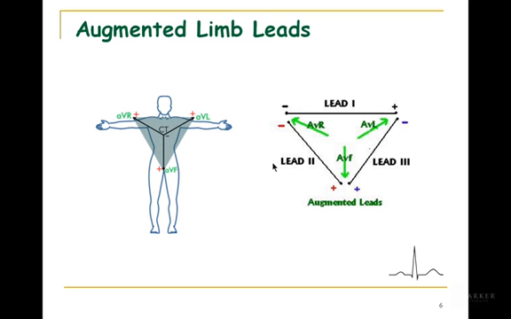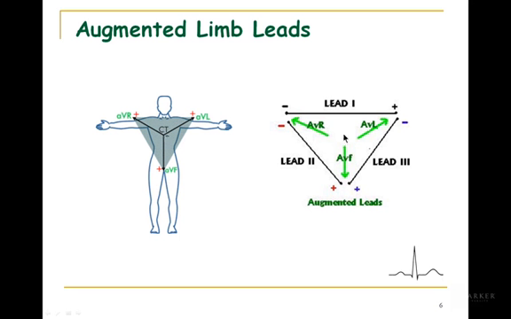So, for example, if I was going to look at this view right here, the machine combines the two electrodes, the one on the left wrist and the left ankle, as the negative recording electrode, placed right here in the center of the heart. Then it creates this one positive recording electrode that's up on the right wrist.